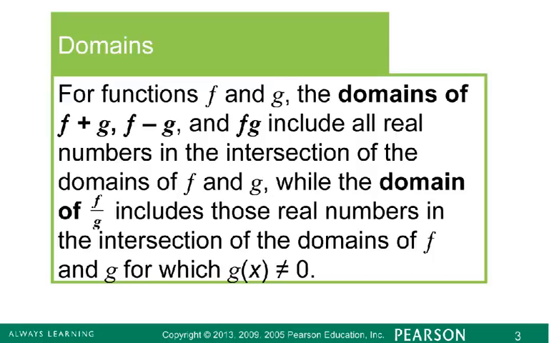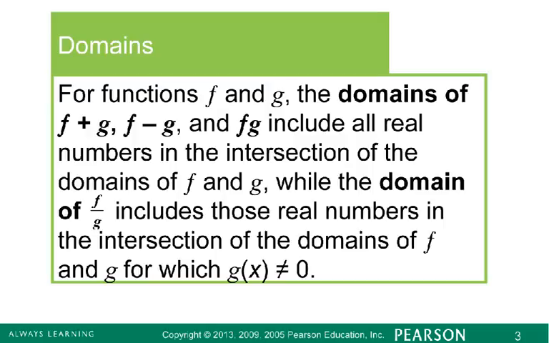Here's how we're going to determine the domains of our new functions after we add, subtract, multiply, and divide them. For the ones that we add, subtract, and multiply, not divide, this is how we determine their domains. It's just going to be the intersection of our domain for f and our domain for g. The intersection means the set of points that they have in common with each other.